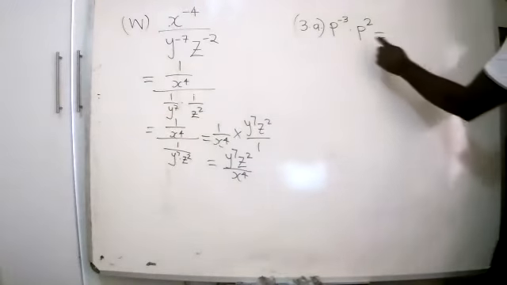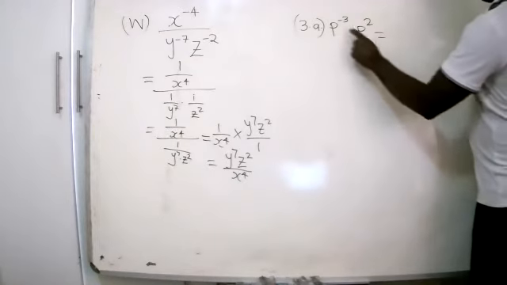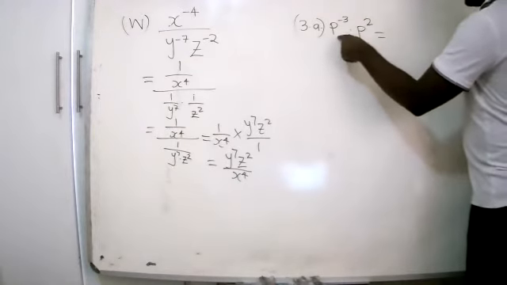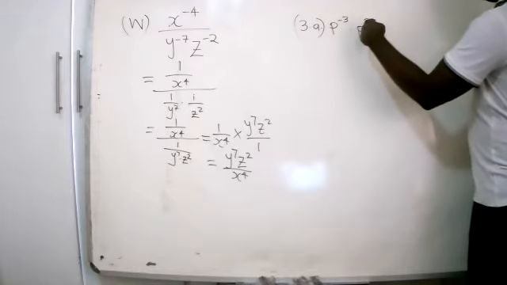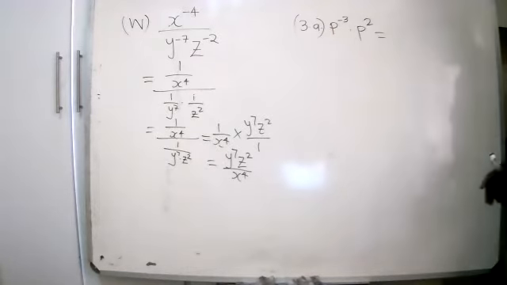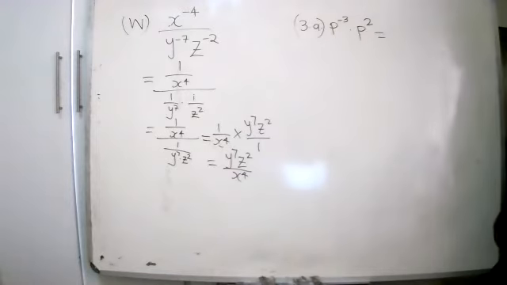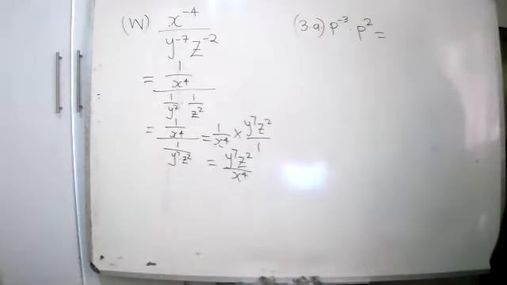The first thing you can do is to check if the bases are the same. So if bases are the same, the rules say that we now add the what? Exponents. Only if bases are the same. Confirm to me, are the bases of these two exponents the same? Yes. What is the base?